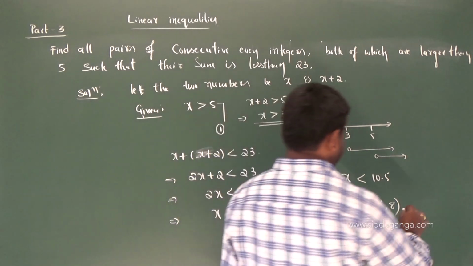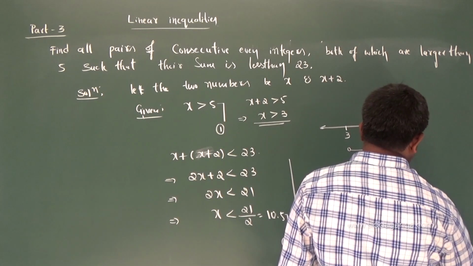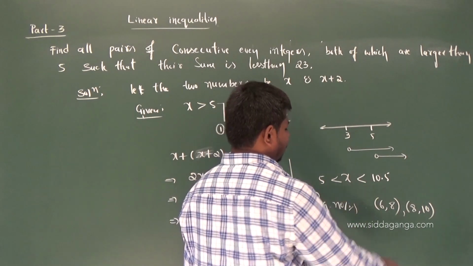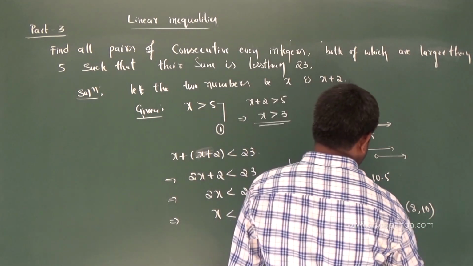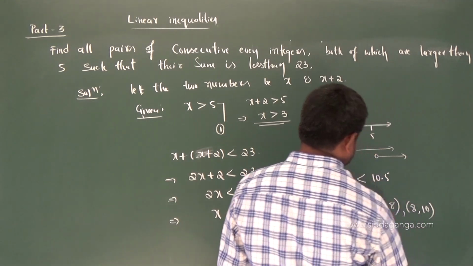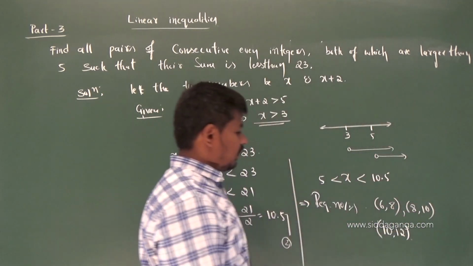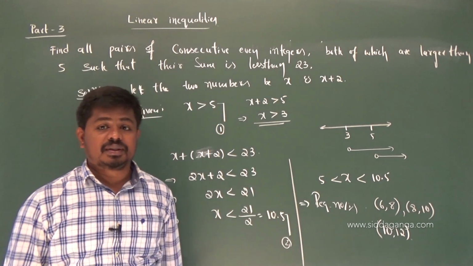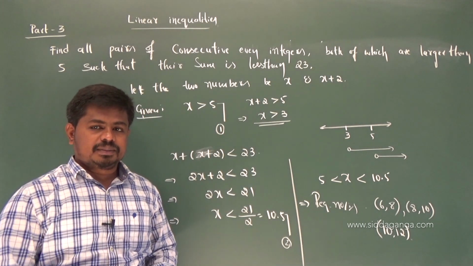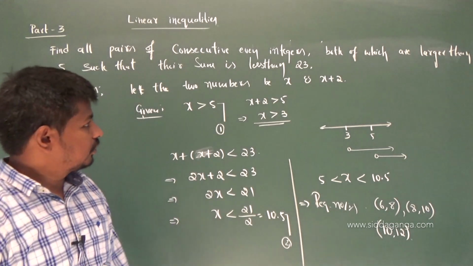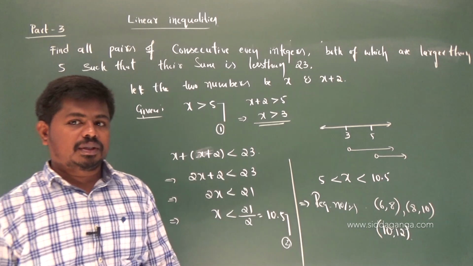One more pair is 8 comma 10, sum 18, less than 23. And one more is 10, since it is less than 10.5, so 10 and 12, sum 22, less than 23. So these three are the required pairs. This is about the 24th question, an important one.